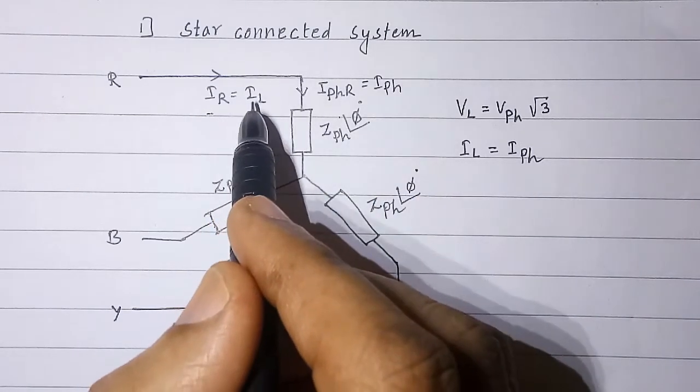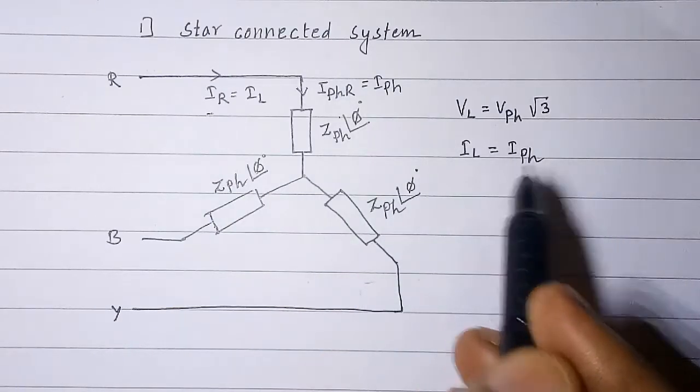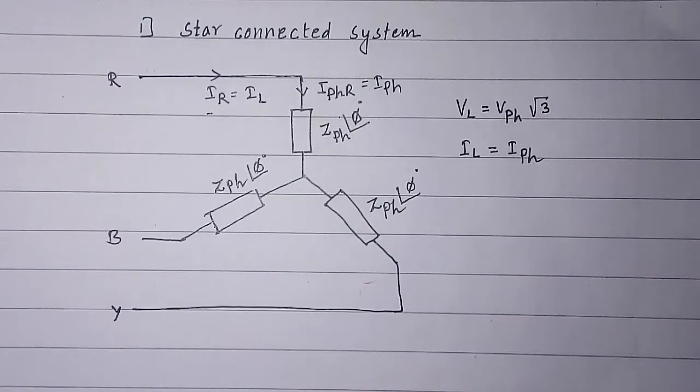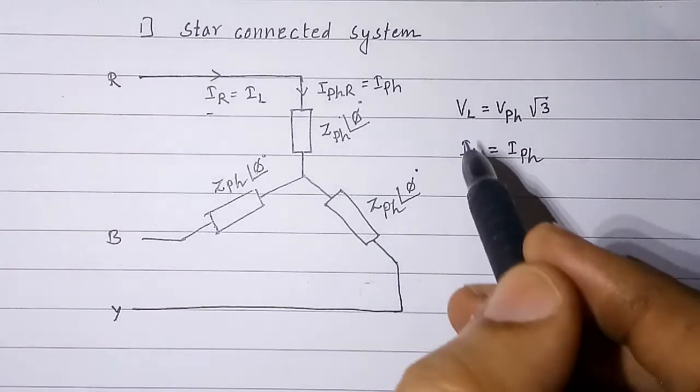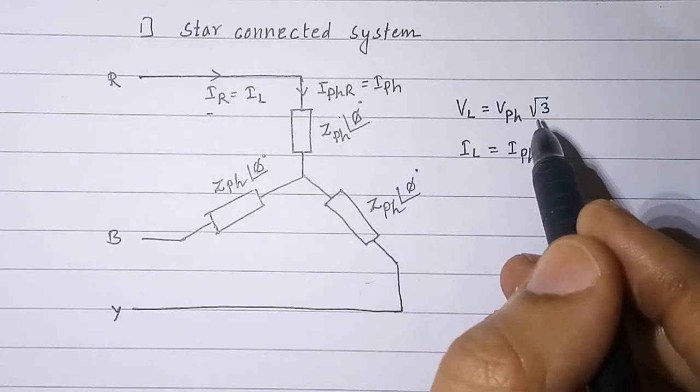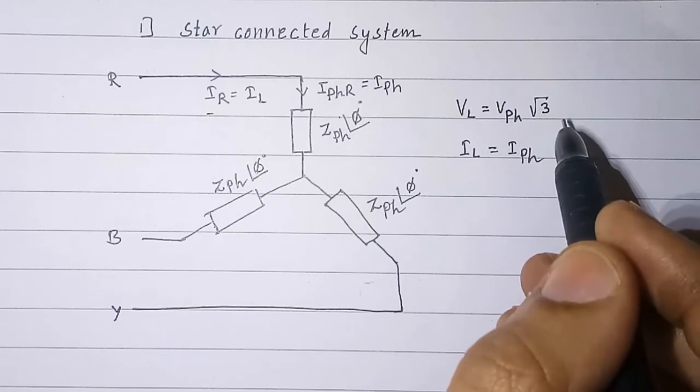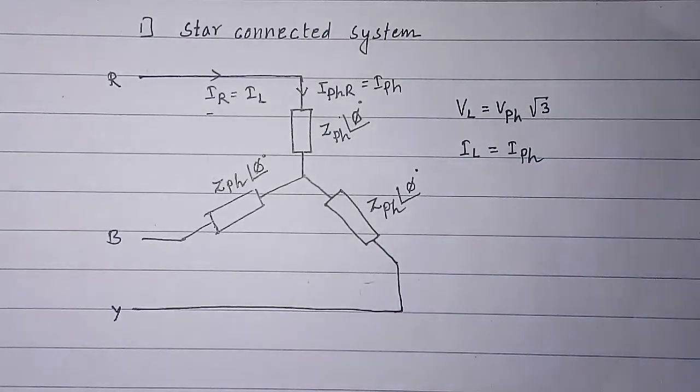We can write IL equal to IPH. But VL is equal to VPH into root 3. This relationship we have derived previously.